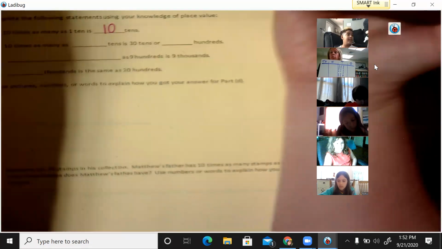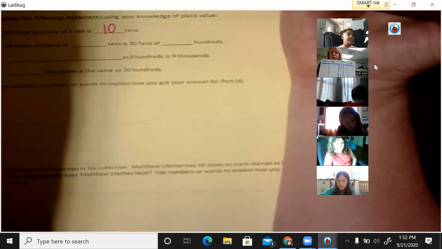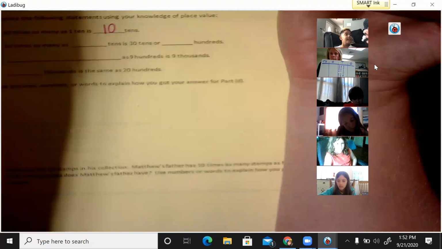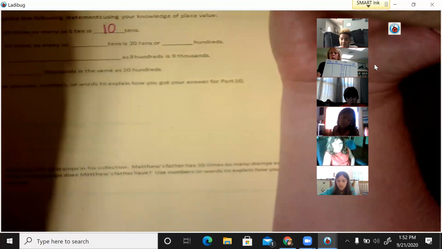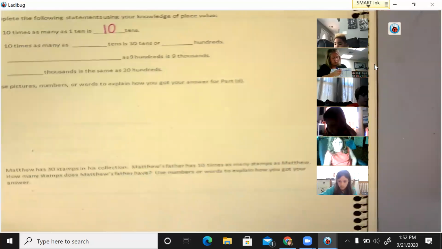So we have to think backwards here. How many tens do you start with if after you multiply by 10, you have 30? So I would have had to start with 1, 2, 3 tens.